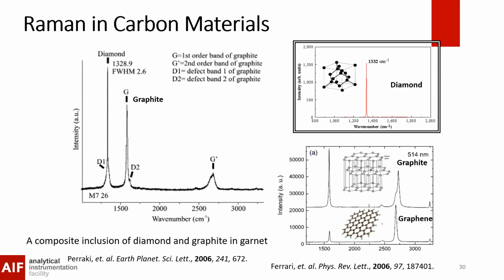So people normally use the intensity of D versus the intensity of the G band to determine the order or disorder of this graphite. The higher the D versus G, the higher the disorder of the graphite or graphene, the more defects in those materials. And there have been a lot of papers published on this topic.